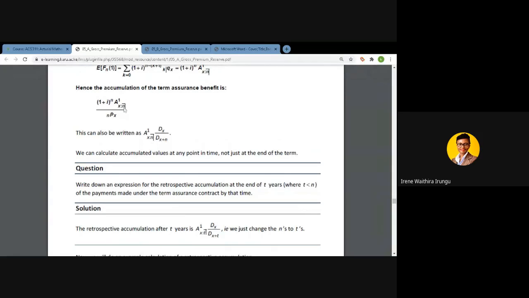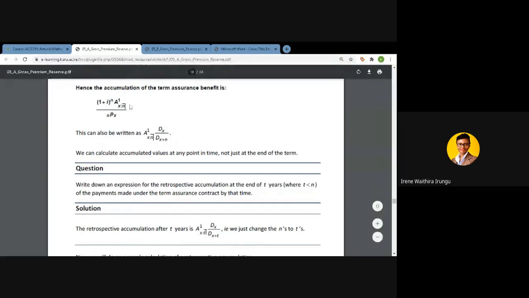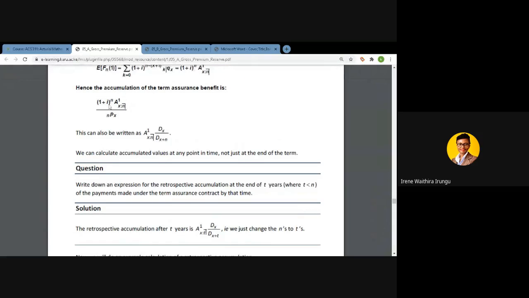So if I want to determine the accumulation, I need to multiply that with the accumulation factor. My accumulation factor in the case of T years would be 1 plus i raised to T. And because we are looking at historical cash flows, which have already occurred, it means that this life aged x must have survived from age x to x plus T. They must have survived from the inception of the policy over the T years.